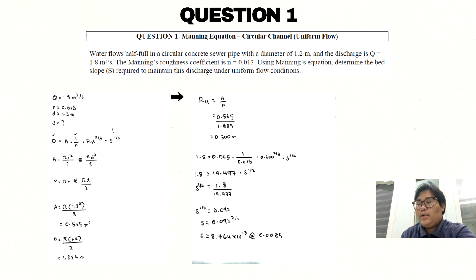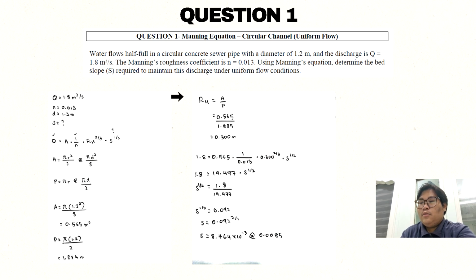First, you have to find the area, and I'm going to use pi d square over 4, so you will get the area, that is pi times 1.2 over 2 square, and the answer is 0.565 meter square. After that, you have to find P, and I'm going to use pi d, that is pi times 1.2, and you will get 1.884 meter.